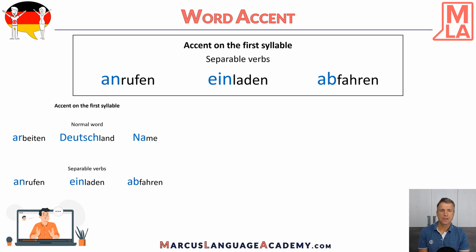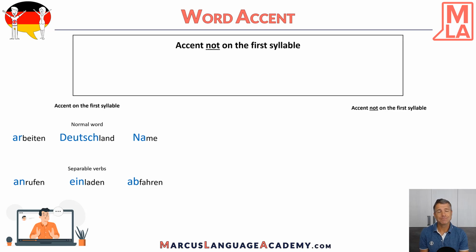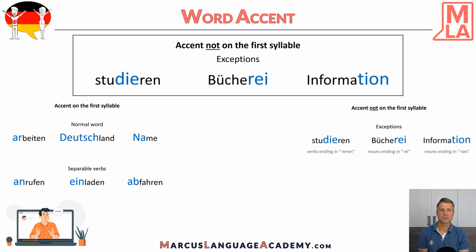But like always in German, there are some exceptions where we don't put the accent on the first syllable. For example, studieren, Bücherei, Information. Studieren ends in ieren.